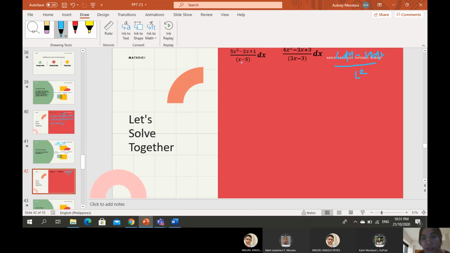So first, we're going to get the low part, which is x minus 5. We're going to put it in the numerator. And then the next is the derivative of high. So the derivative of 5x squared minus 2x plus 1 is 10x minus 2.